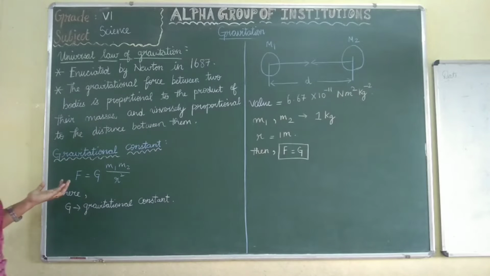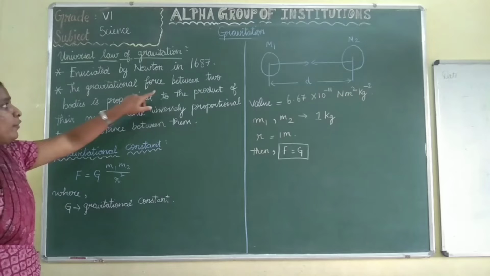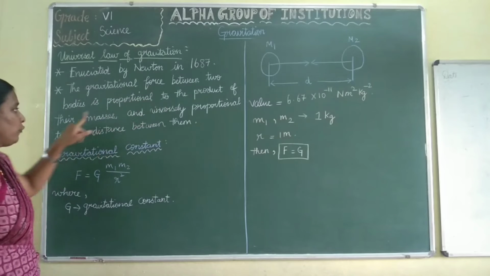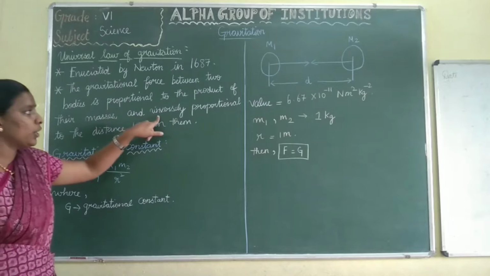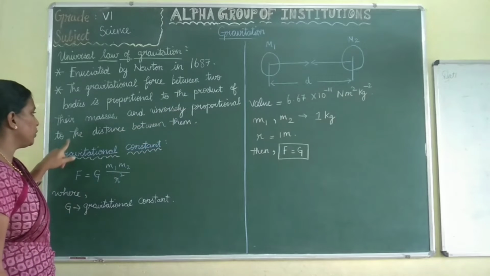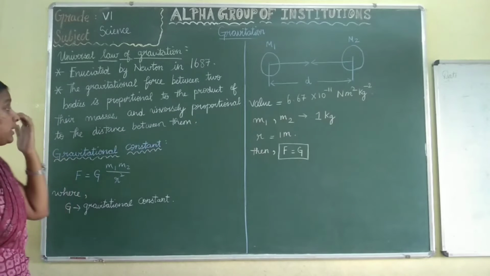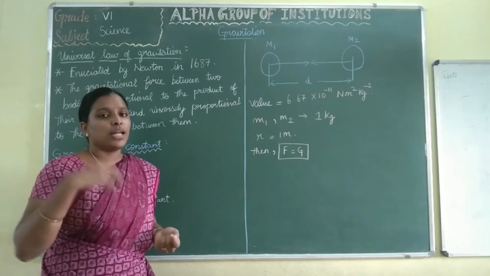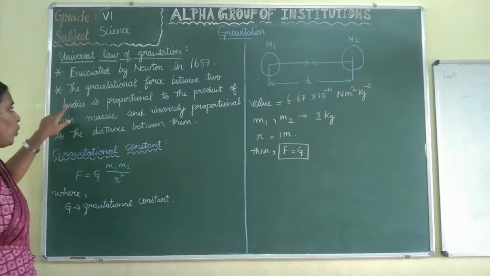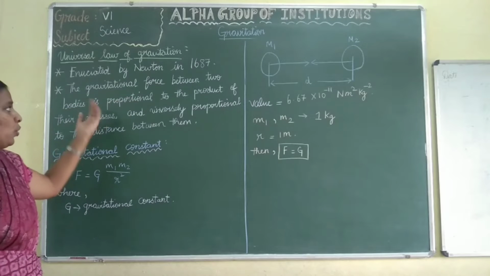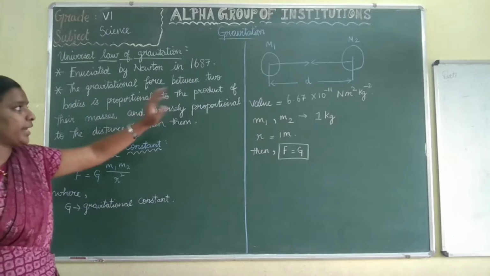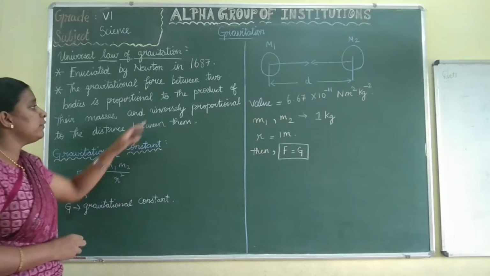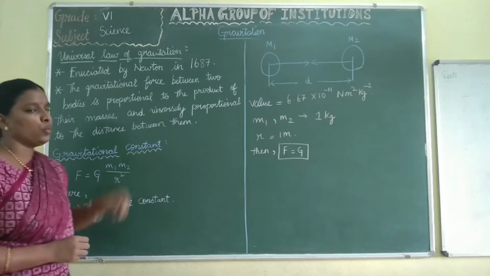What he derived is that the gravitational force between two bodies is directly proportional to the product of their masses and inversely proportional to the distance between them. The gravitation force, the pulling force, is exerted between two bodies. It is proportional to the product of the masses, the weight of the objects, and inversely proportional to the distance between them.